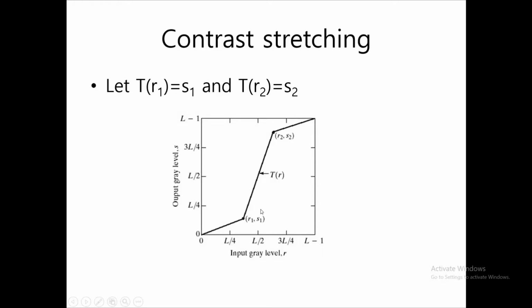These 2 points, R1S1 and R2S2, control the shape of the transformation function T(r), and accordingly the level of contrast enhancement may vary according to the values of these 2 points.